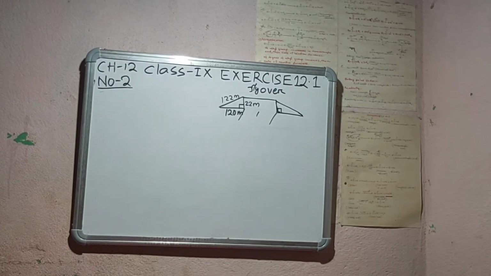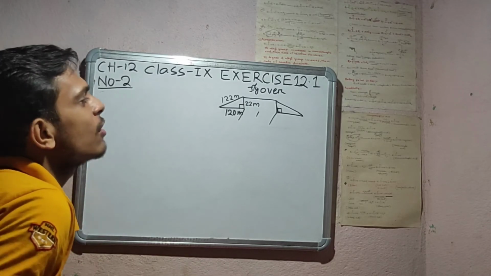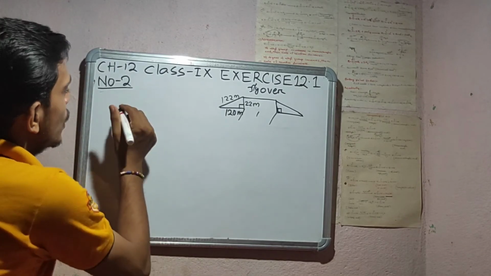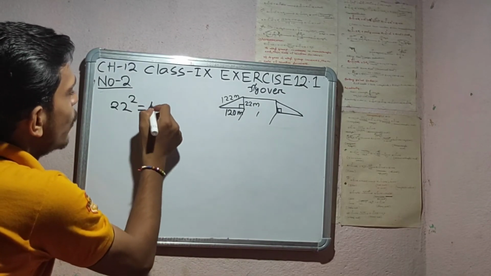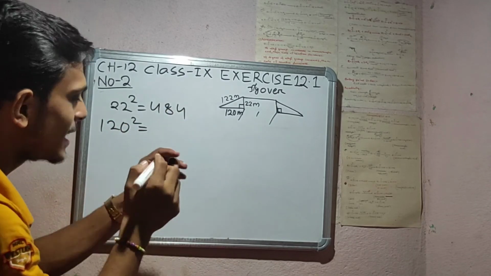See, in the question, this exercise is related with Heron's formula. So you put the Heron's formula. But if this question is asked in your exam, you can also do it in another way. The way is, see, 22 square is 484. 120 square, this is a triangle.